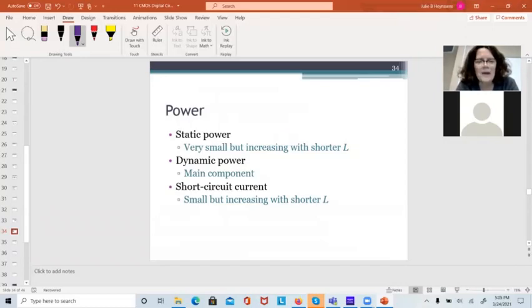The static power: if I leave the inverter with a 0 on its input and a 1 on its output, I get almost 0 power because I've got one really high resistance in series with a really low resistance.